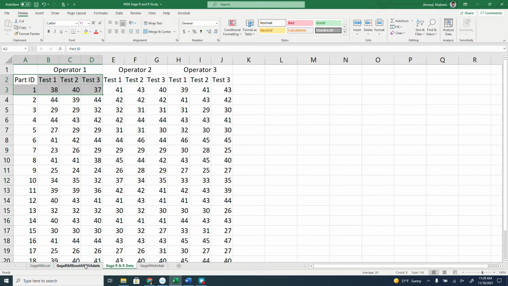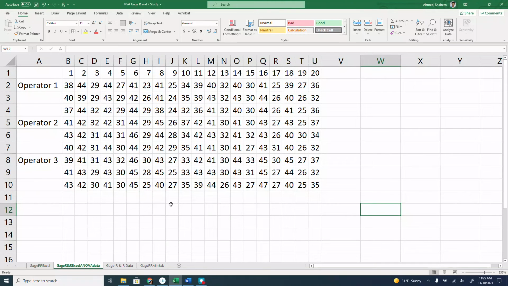To use Excel, I don't think there is a direct analysis function that we can use to perform the R&R study, but it will take a couple of steps to finally do the analysis. Mostly manual, but most of the complex calculation will be done using some Excel functions.